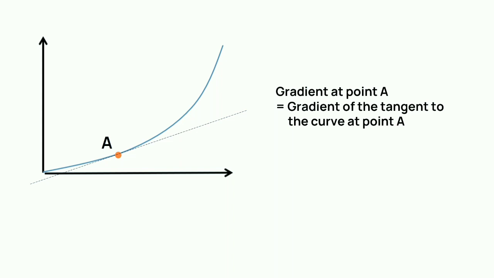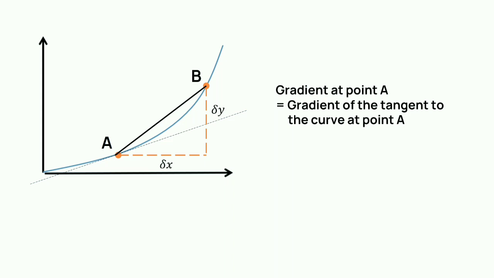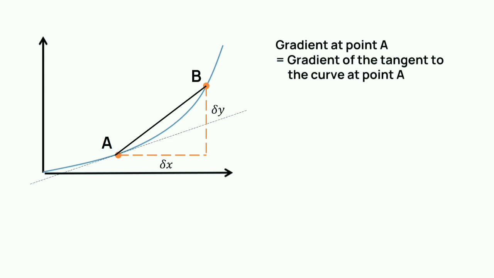First, let's define another point on this curve as point B. Then, let's define the vertical distance between the 2 points as delta y, and the horizontal distance between the 2 points as delta x. Then we can say that the gradient of line AB is simply delta y over delta x. But how does this help us find the gradient of the tangent at point A?